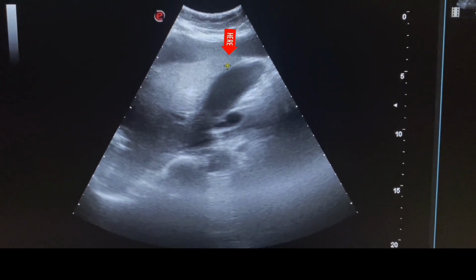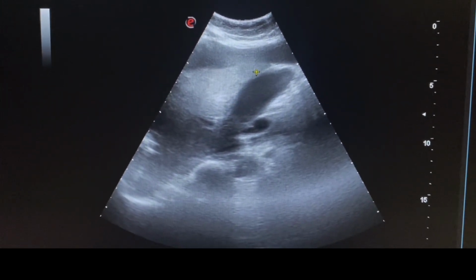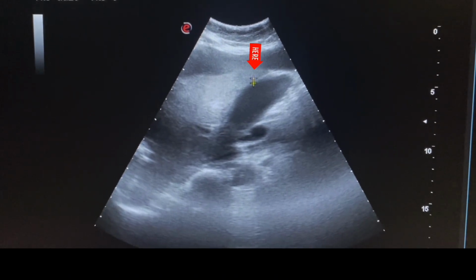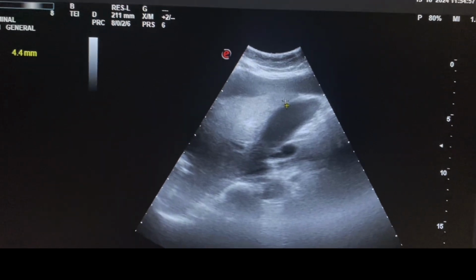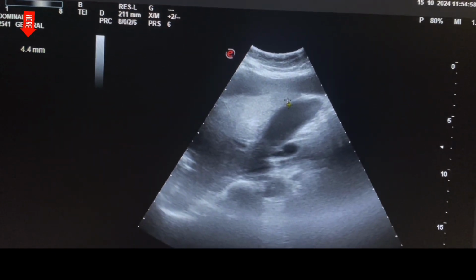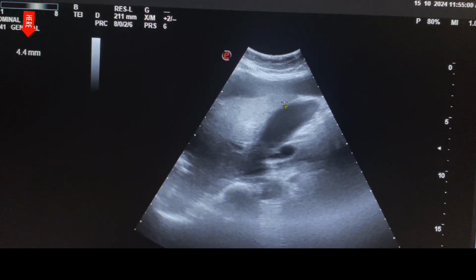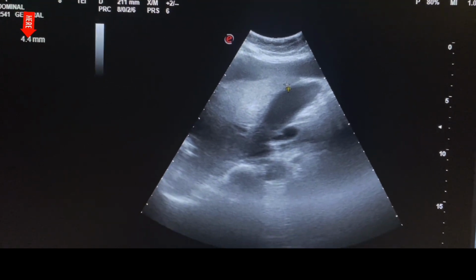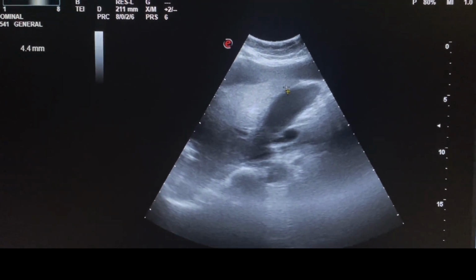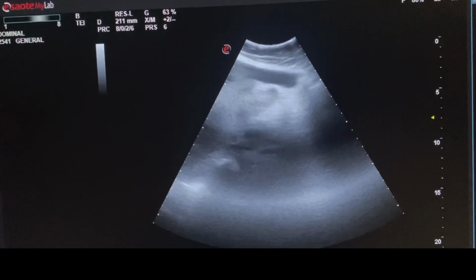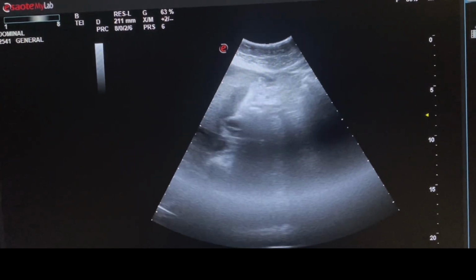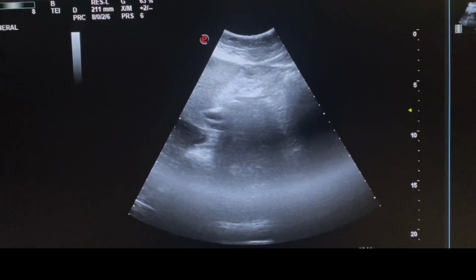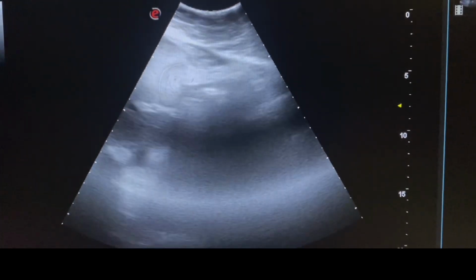Now we will also measure the wall of gallbladder. The wall of gallbladder is thickened, 4.4 millimeter. It means there is also inflammation in the gallbladder wall. The normal gallbladder wall thickness is up to 3 millimeter.